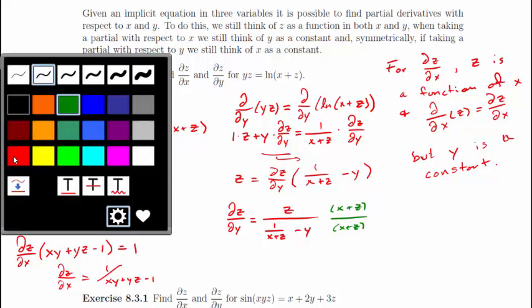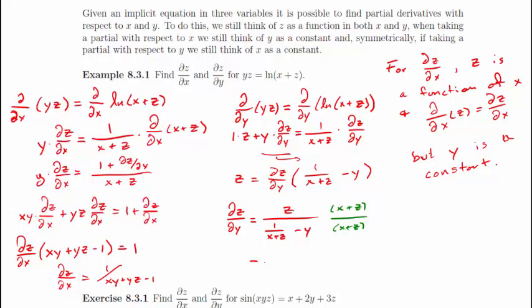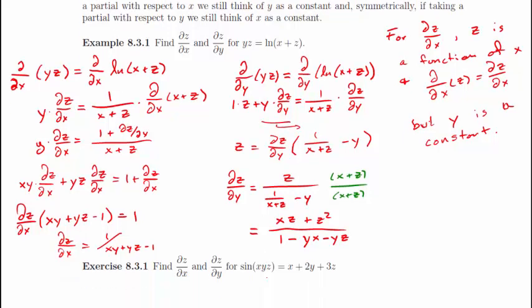It's nice to get rid of those if we can. So this equals xz plus z squared. I could leave that factored. Either way. 1 minus yx minus yz. All right. And that's it. That's our answer for this example.